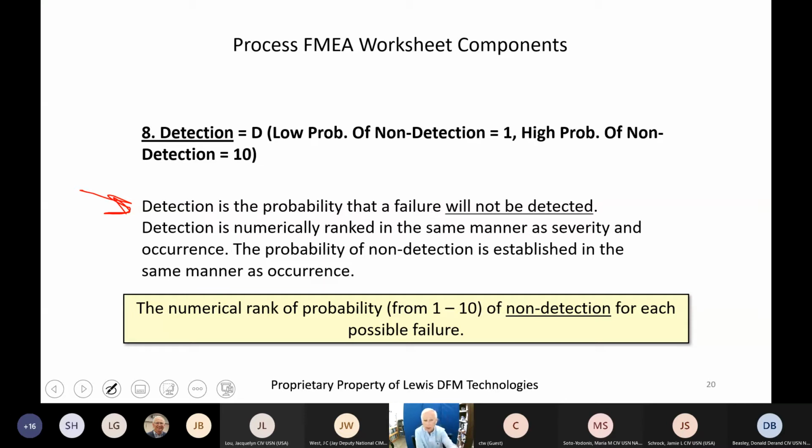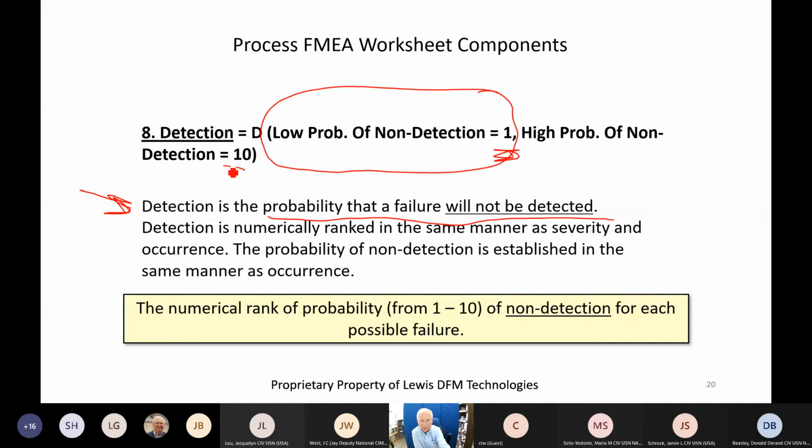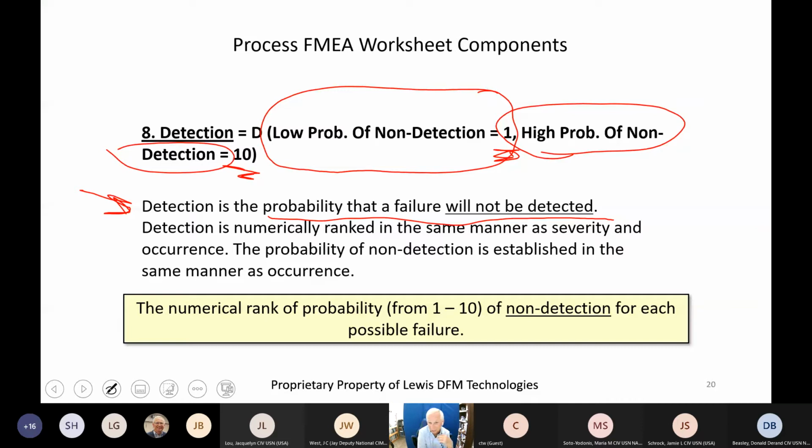And we look at the probability of being able to detect it, or in this case, if we looked at low, which is a low scoring of 1, it's a low probability of non-detection. Okay, that means it's easy to detect. If it's a 10, it's a high probability of non-detection. That means it's really difficult to detect.